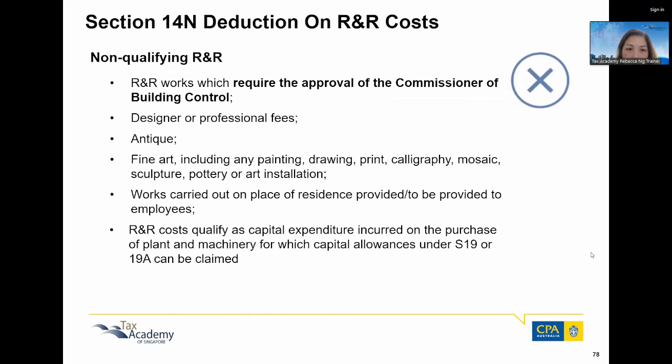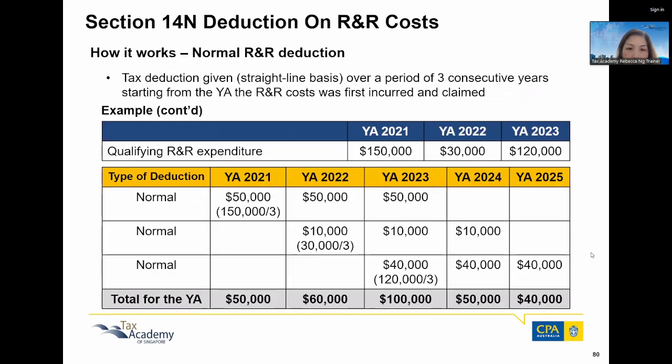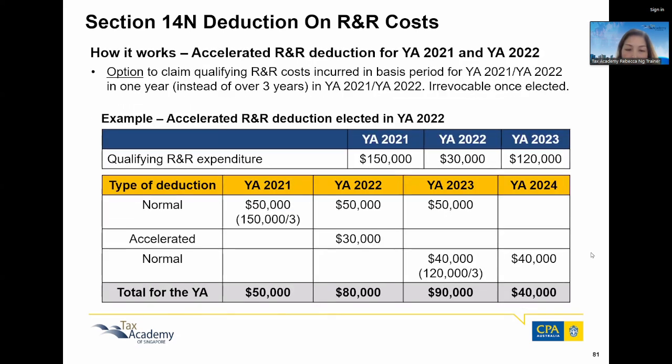Then after you identify, each year you will decide, okay, this year I have accelerated or not. Accelerated, 1 year. Not accelerated, 3 years. Ultimately, if the year of assessment 2023 is 300,000, you can only claim 120,000.